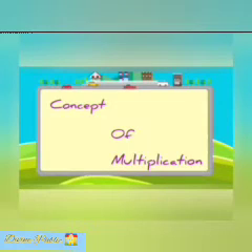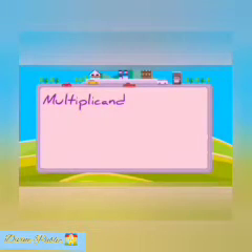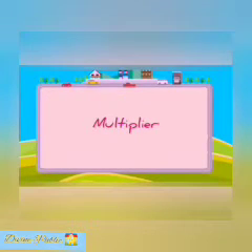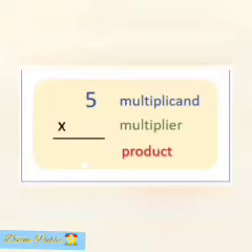Now move to our next part, that is multiplication. We know that multiplication is repeated addition. Let us revise one more time multiplicand, multiplier and product. 5 is the multiplicand, 3 is the multiplier and 15 is the product.